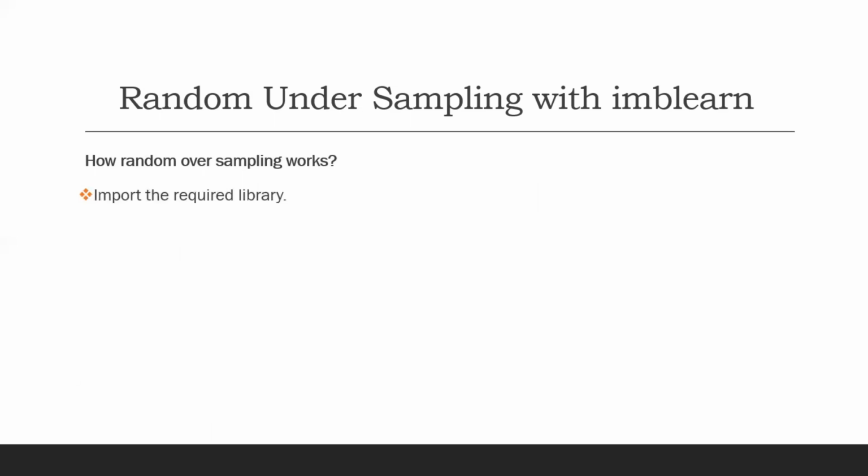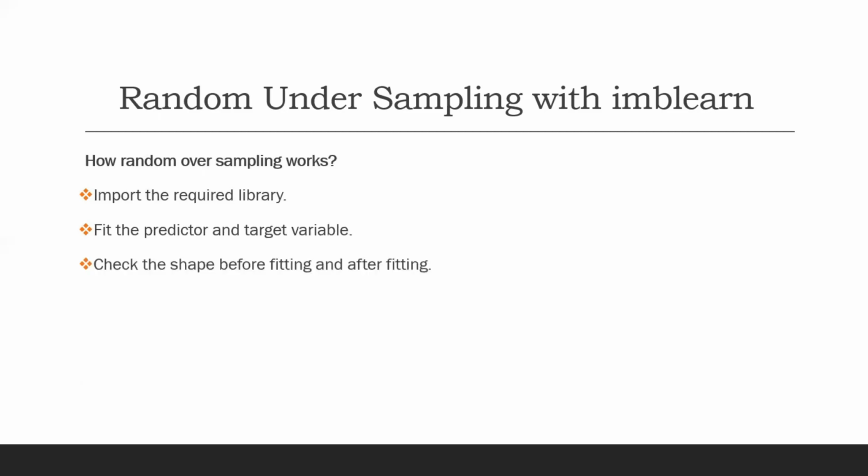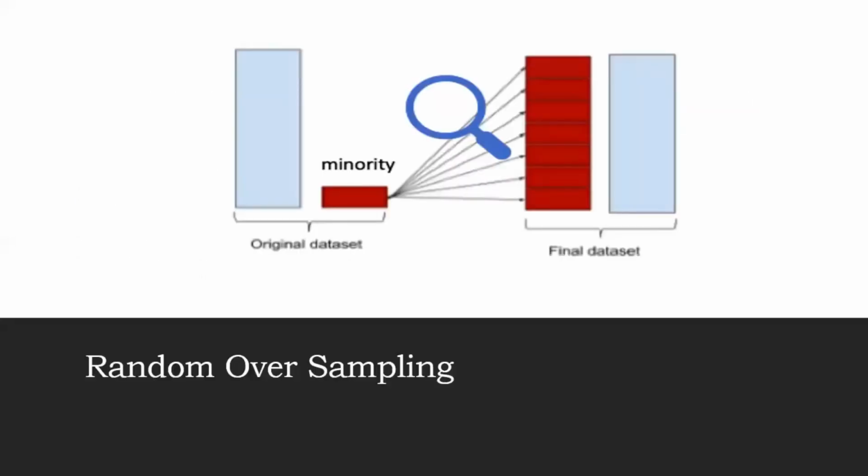Import the required library first of all, then fit the predictor and the target variable. Then check the shape before fitting and after fitting. Here is a diagram of random oversampling. We can see that we have created samples from the minority class, and after resampling, these synthetic samples make the minority class equal to the number of majority class.